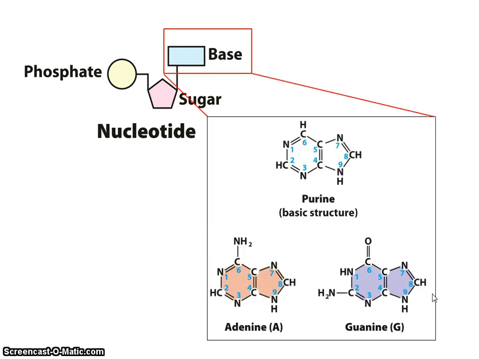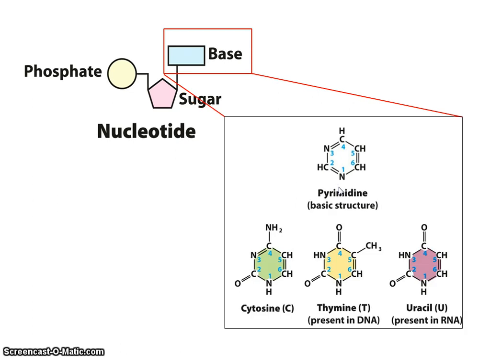The base is where the A's, C's, G's, or T's come in, or U in the case of RNA, and they come in 2 flavors. We can have purines, which are 2 rings, and these are adenine or guanine, or pyrimidines, which have a single ring structure, and that includes cytosine, thymine, and uracil.